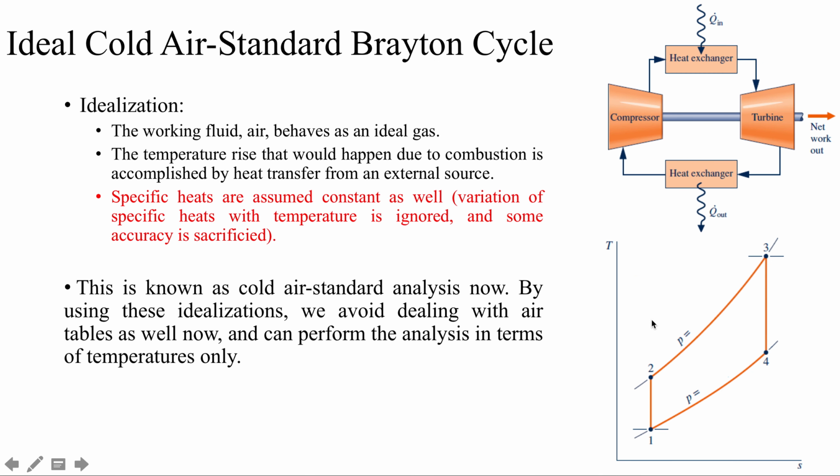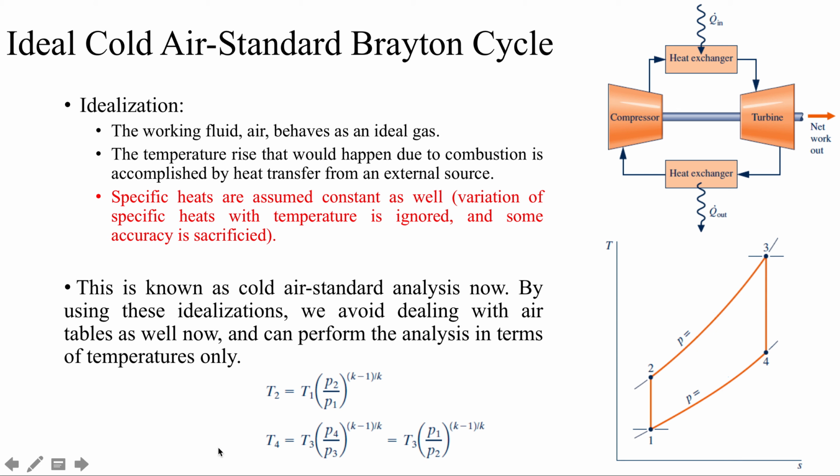And for this kind of idealization, I'm going to have T2 by T1 equals P2 by P1 to the power (K minus 1) by K, or you could write it as (gamma minus 1) by gamma, where gamma or K is the specific heat ratio for air. This ratio is equal to 1.4.